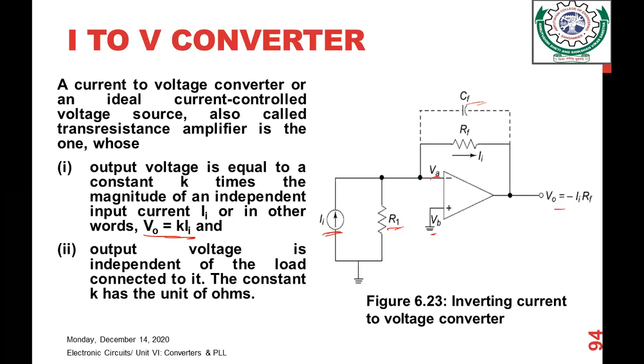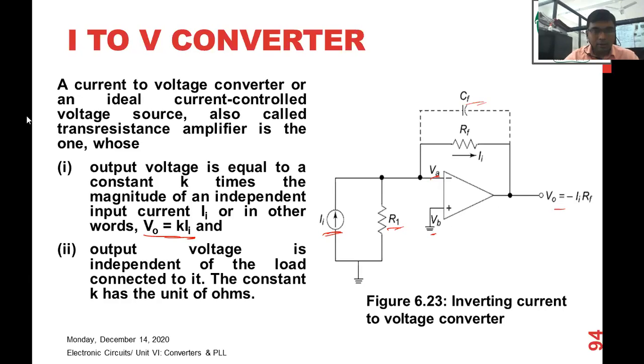The output current from the photo device can be converted to voltage by using this current to voltage converter, shown in diagram 6.23. I hope you have drawn this diagram. We will further analyze this circuitry.